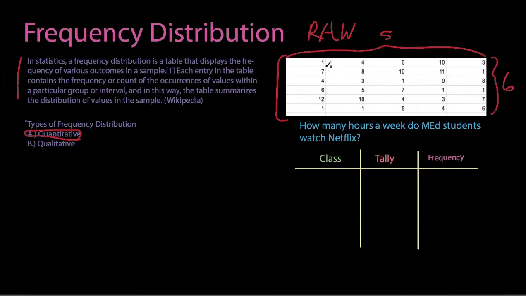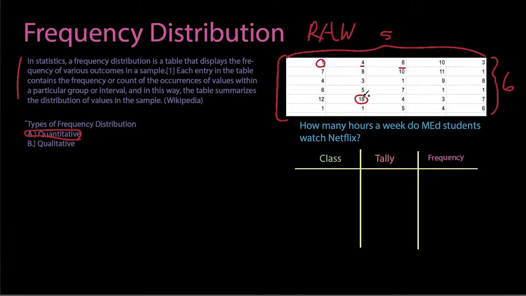So one person said that they watch only 1 hour a week, and the next person said 4 hours and 6 and so on. All right, so we know that the lowest amount of hours watched on Netflix is 1 hour, and the highest is 18. All right, so we know that our data ranges between 1 to 18.